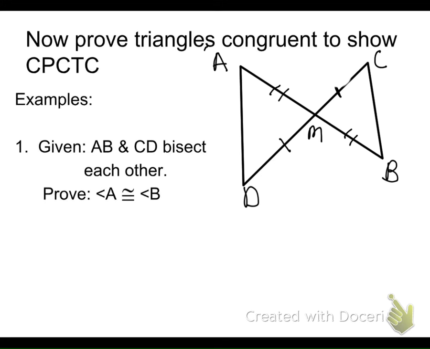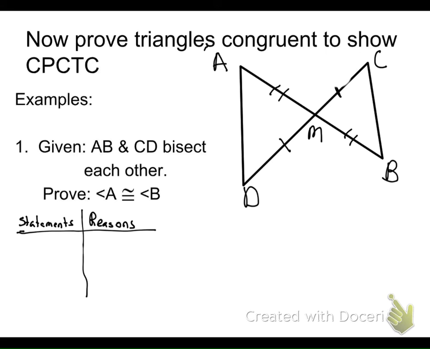So when we are writing a proof, what is our first step? What is always our first step? T-chart, yep. On our left-hand side, we have statements. Right-hand side, we have reasons.